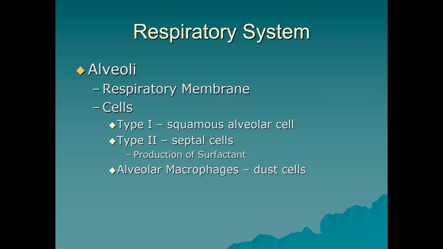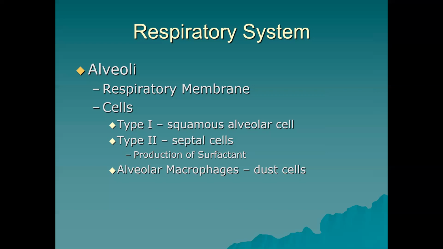These 2 cell layers are slapped right next to each other. If you start putting interstitial fluid in the lungs, if you do have pulmonary edema, then that causes the rate of gas exchange to really drop off quickly, and that's really a life-threatening thing, because then you're not getting enough oxygen and you're not getting rid of enough CO2.